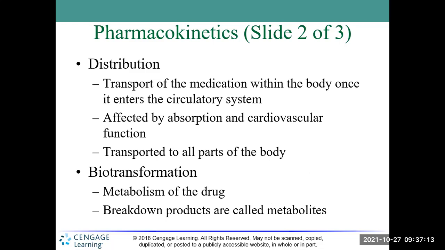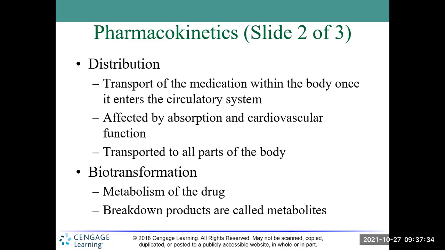And then the distribution, so that's the transport of the medication once it's in the body, in the circulatory system. And so this is how it's distributed. It's going to be transported to all the parts of the body, and it's definitely affected by that absorption rate and then the cardiovascular function.